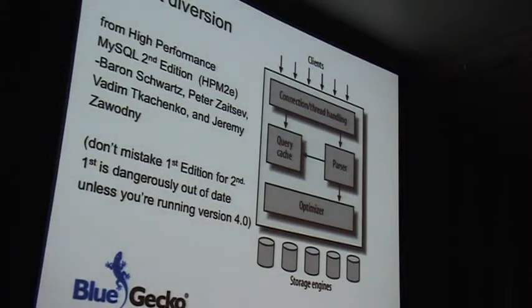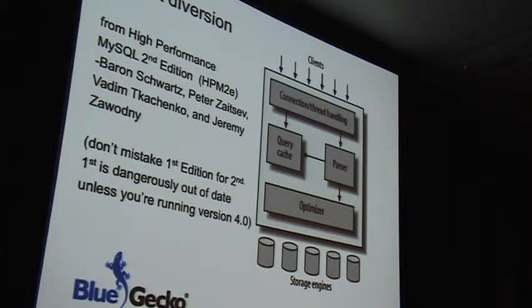So I do want to go through a tiny diversion here. High Performance MySQL, Second Edition, is a fantastic book. It's written by the guys from Percona, and they have an excellent architecture of the server section, which includes this photo, which tells you a little bit about how the simplified core of the server works, simplified compared to Oracle.